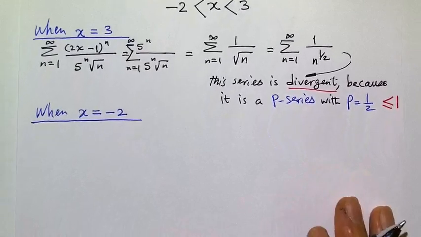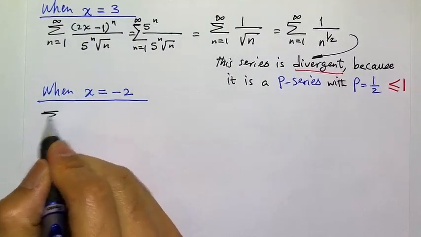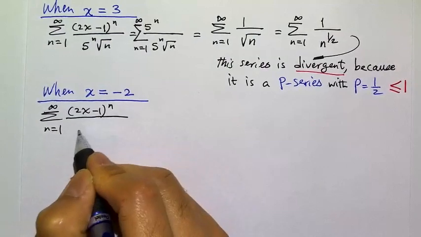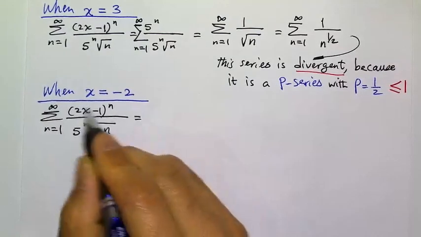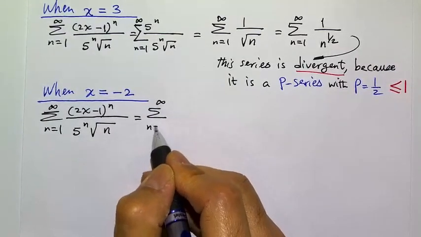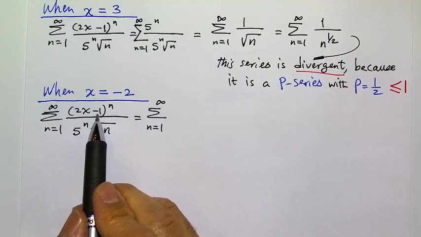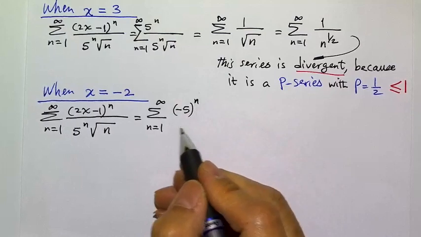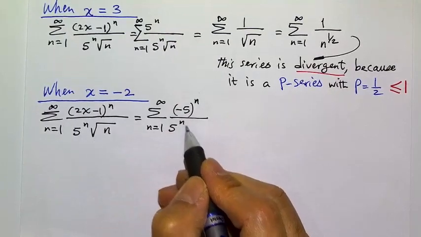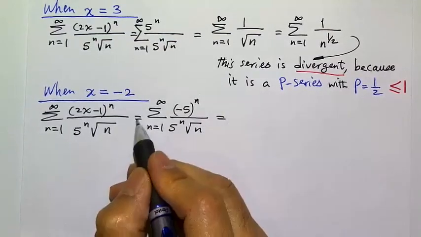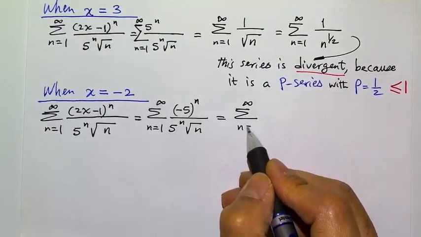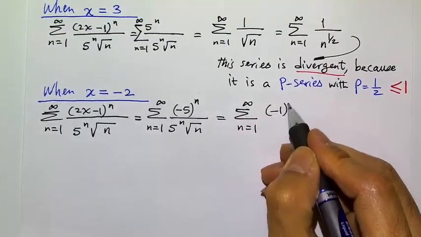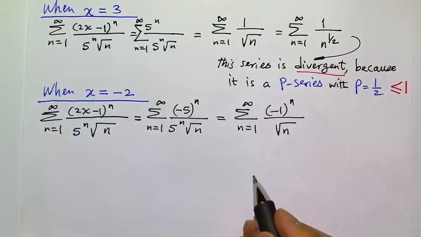So when x equals -2, this series reduces to this. 2 times -2 is -4, -1 is -5 to the n power divided by 5 to the n square root of n, and this simplifies to -1 to the n power divided by square root of n.